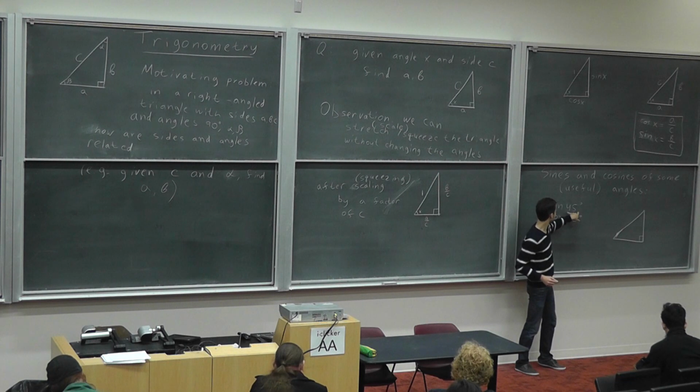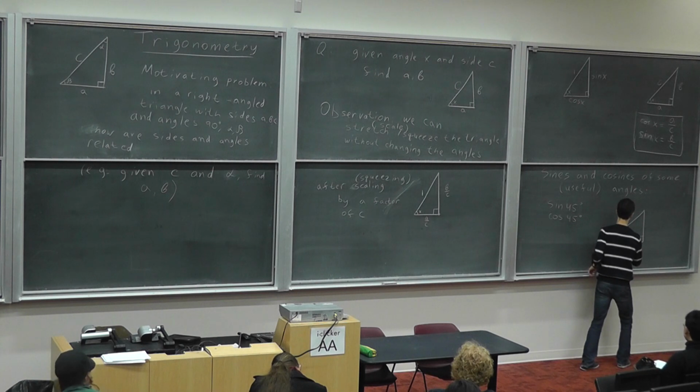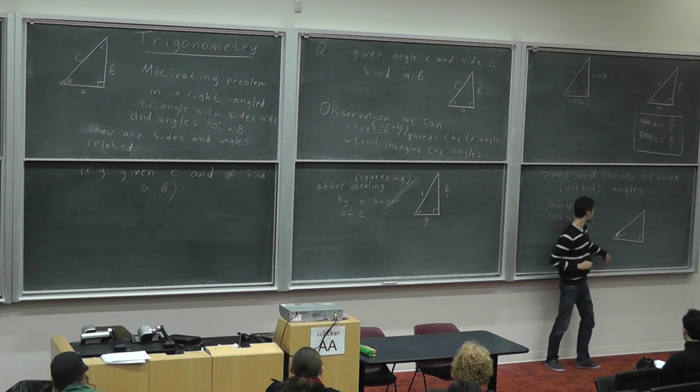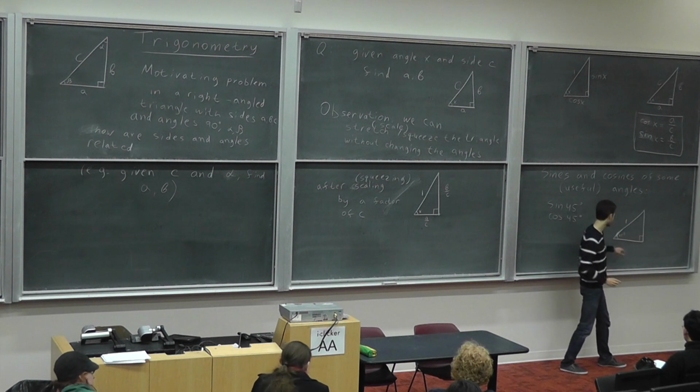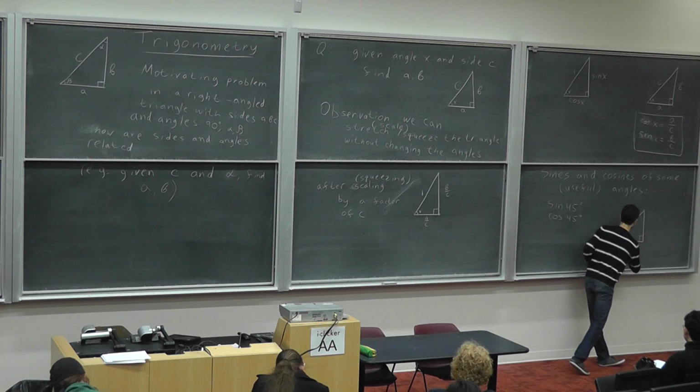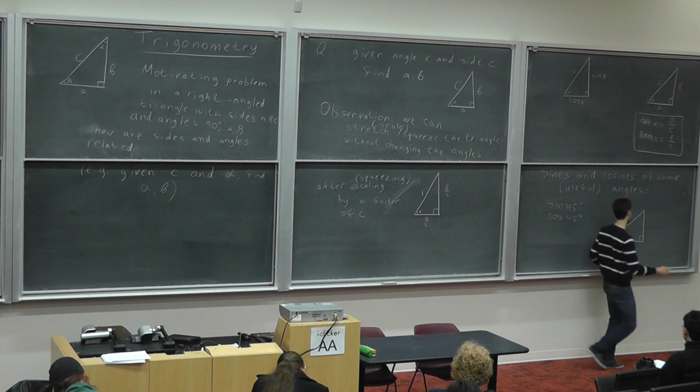So let's see. 45 degrees is such an angle. If this side length is 1, this side is going to be cosine of 45 degrees, this is going to be sine of 45 degrees.